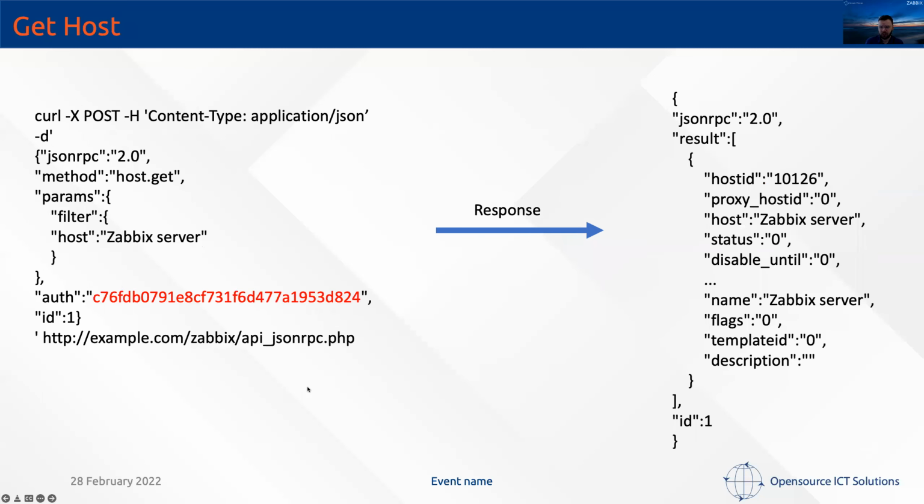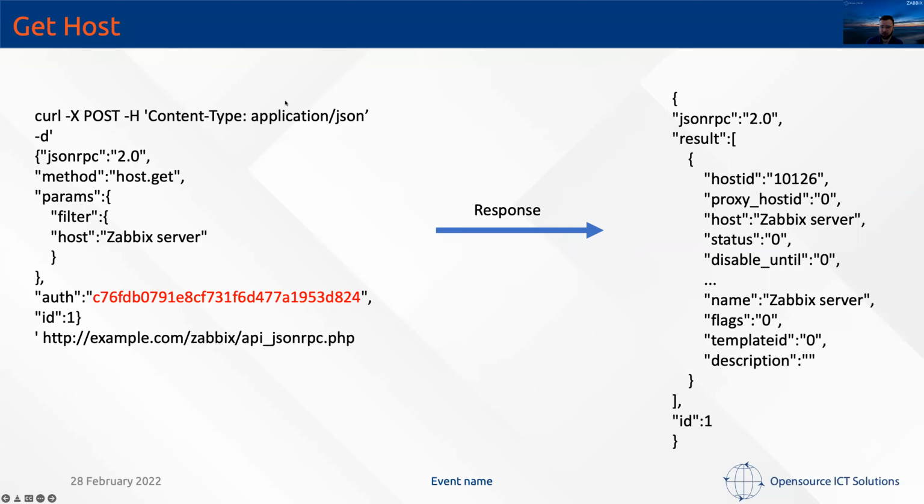So let's say we want to get information for a host from the Zabbix API. We can use curl, we can use any of our own scripting or programming languages. So we can do it in Python, we can do it in Bash, whatever you would like, but we can also do it on the CLI or with Postman, using a curl request.